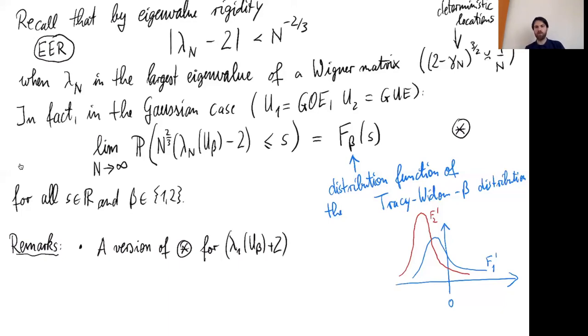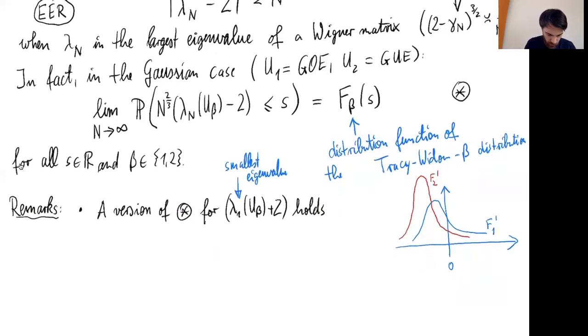So the smallest eigenvalue converges to minus 2, so I have to shift it with plus 2. And this here is then the smallest eigenvalue.